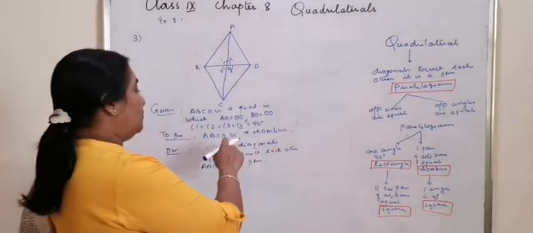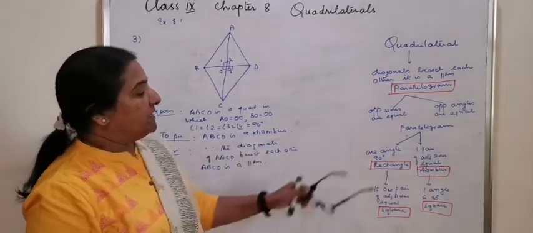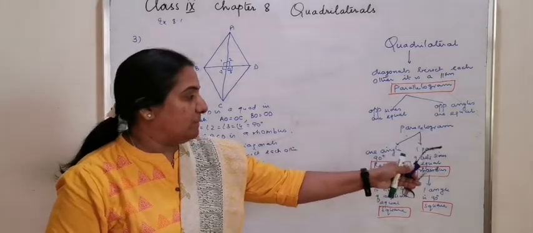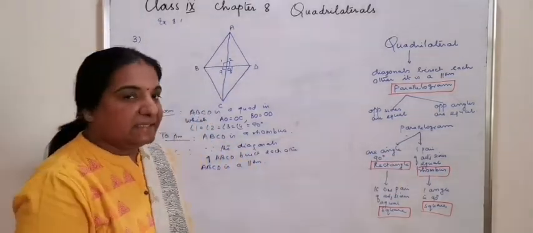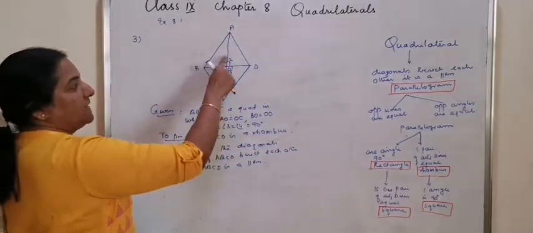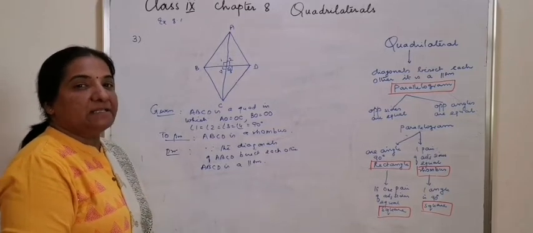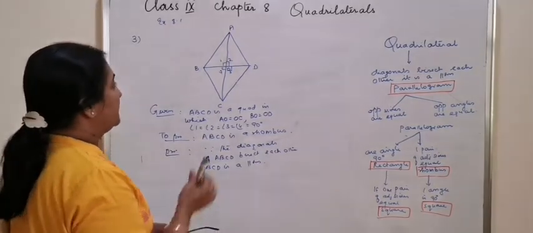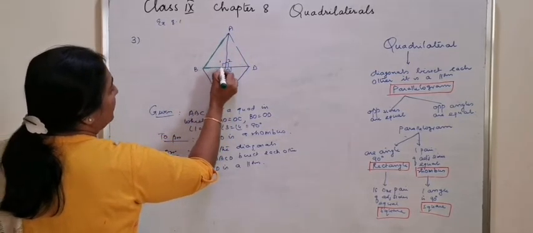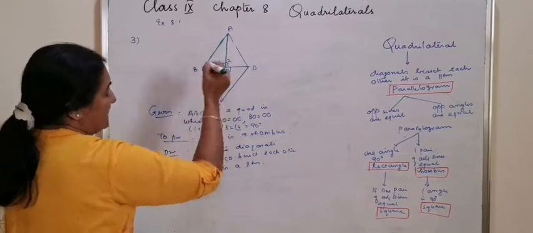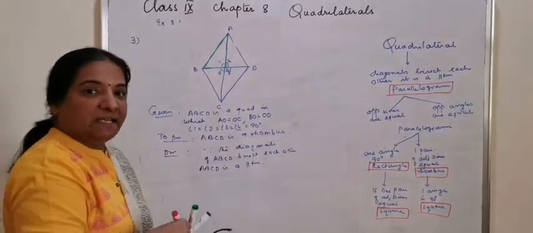When will you prove that a parallelogram is a rhombus? Whenever a parallelogram has one pair of adjacent sides equal, it is a rhombus. To prove that, one extra condition is given: the diagonals bisect at right angles. So take the triangle AOB, where one pair of adjacent sides of ABCD is involved.